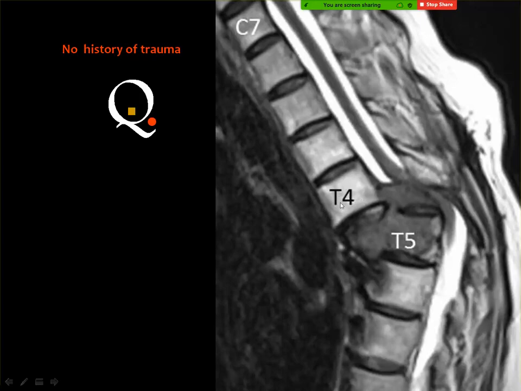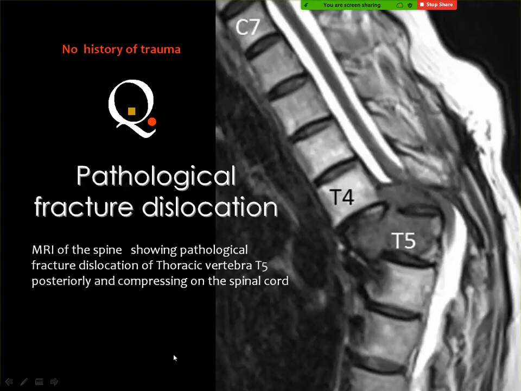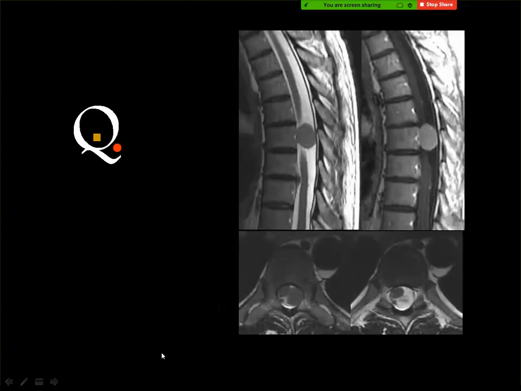This is grade 4 spondylolysis with significant compression of the cord, secondary to this abnormal soft tissue, which represents a metastatic deposit that has resulted in this type of spondylolysis, and we call this pathological fracture dislocation at D4, D5 level.